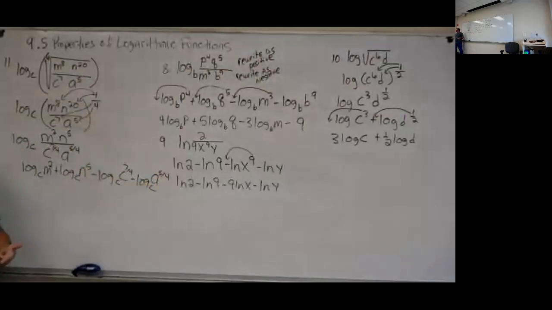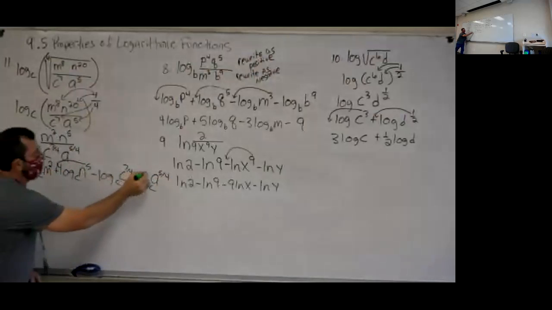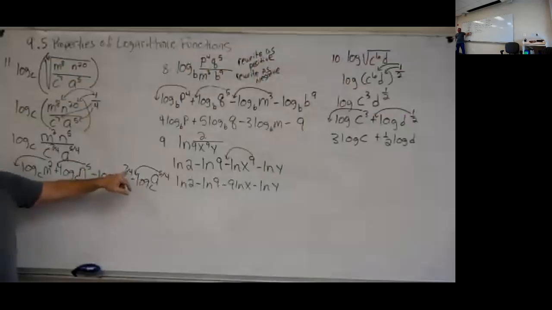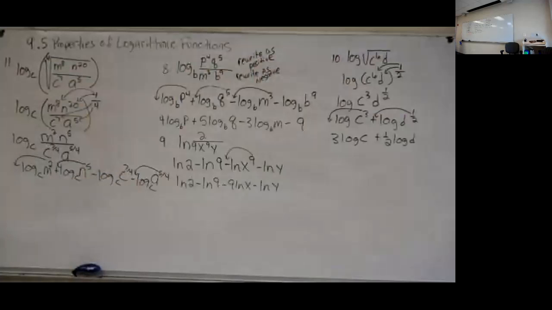So we know what I'm about to do, right? I'm about to kick all these exponents up front, except for this one right here. That third term is a log base C of C raised to an exponent. Remember, anytime the base matches the result raised to an exponent, that's just going to equal the exponent. Okay? So let me see what I get here.